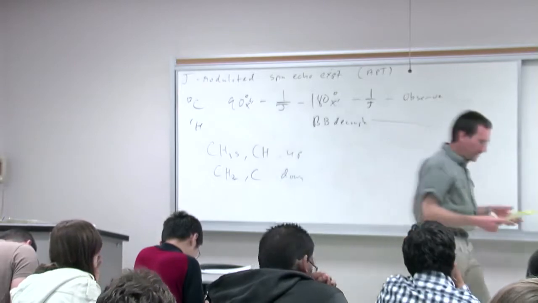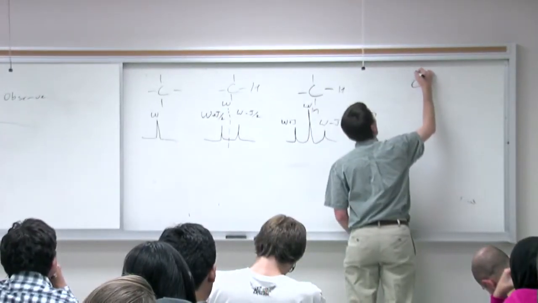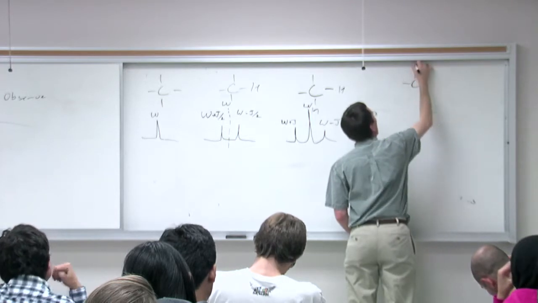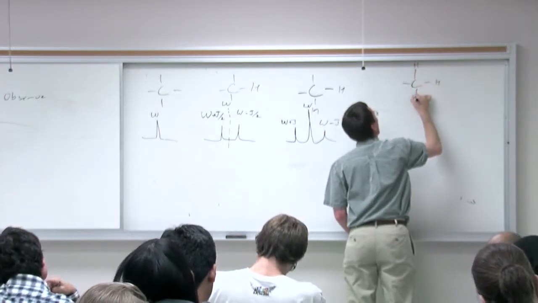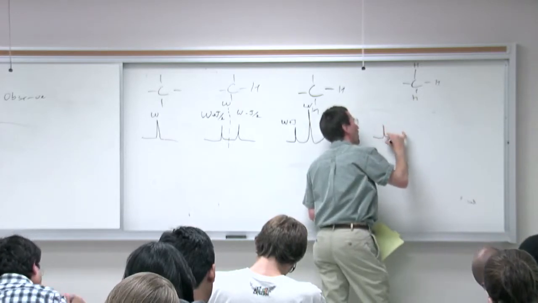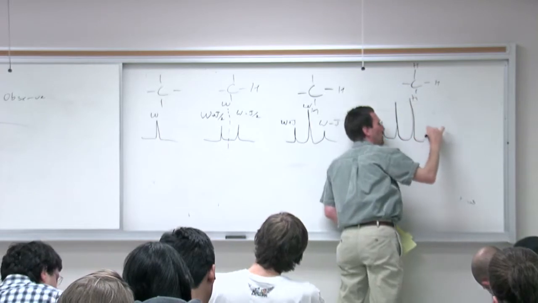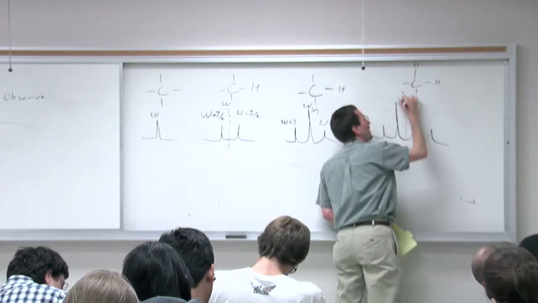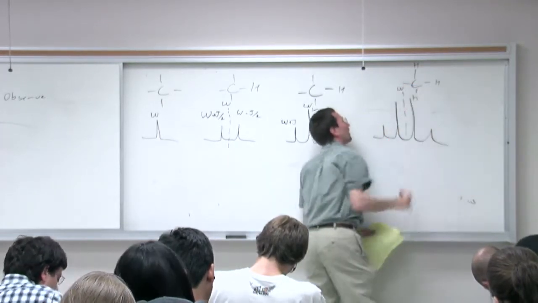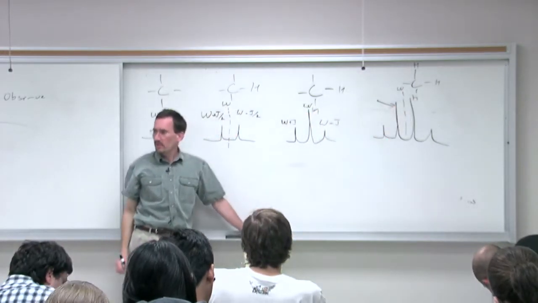And we'll do the same thing now for a methyl group. And in a methyl group, now you have 4 lines in a 1 to 3 to 3 to 1 ratio, centered around omega. And so what's the position of the line I just drew the arrow to?